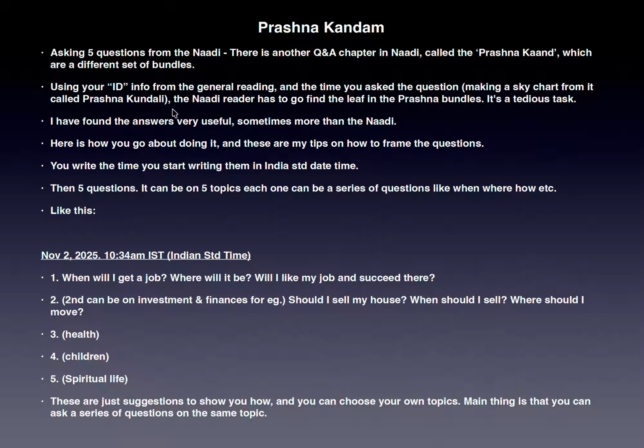And then using the ID and the sky chart for when the question was asked, the Naadi reader has to go and find the leaf in the Prashna bundles. And it's a very tedious task because they have to go leaf by leaf and have to see, okay, is there a leaf that matches the time this person asked the questions?